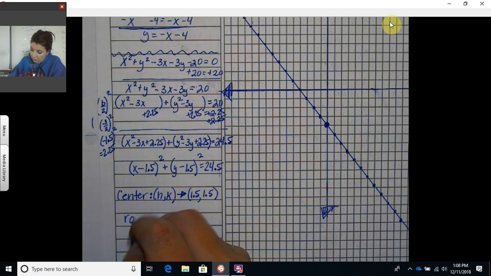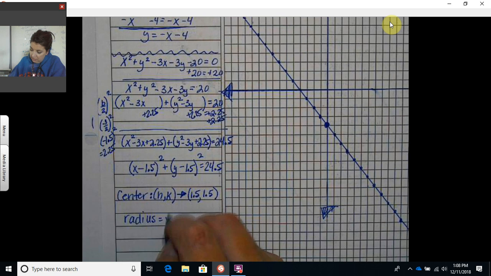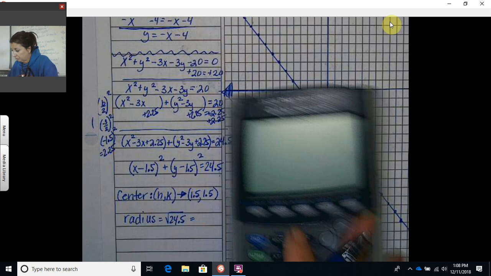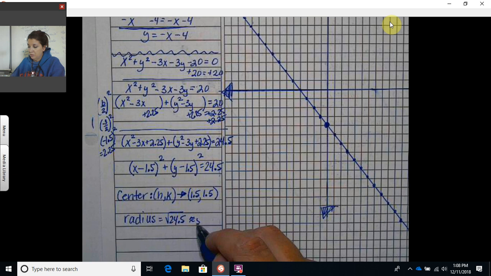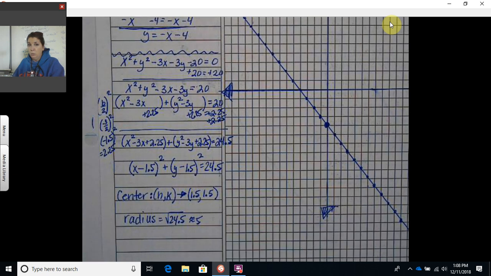The radius is the square root of the constant, and that is not a perfect square. Yeah, 4.95. So when I graph this, I'm going to round that up to approximately 5 because it's very close. But we have to realize that when we graph this, we've rounded that radius. So this is one of the potential problems of graphing.